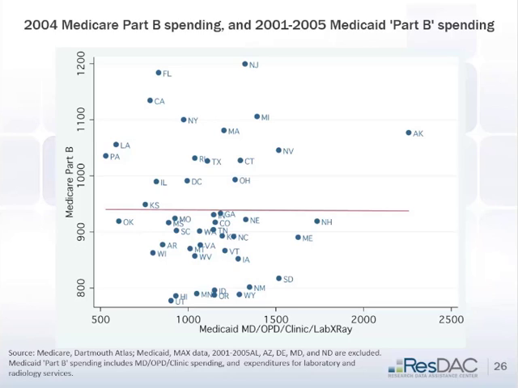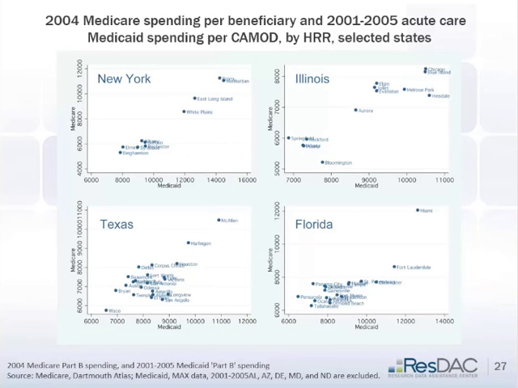So then we tried to look within states. The idea was, well, maybe there are some state effects in the Medicaid program. And this looked more promising. These are the hospital referral regions in four of the largest states: New York, Illinois, Texas, and Florida. Again, these are scatter plots of Medicare versus Medicaid, and we labeled them by area.